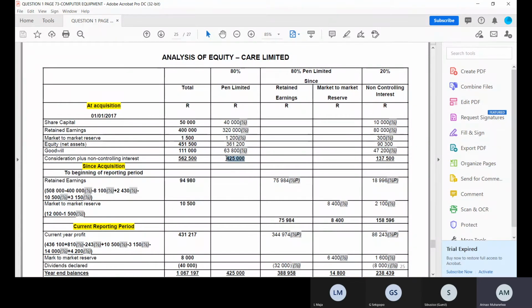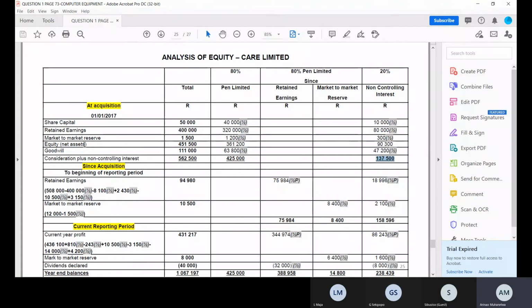How much did we pay? We paid 425,000. So the equity value was 361,200, but we paid 425,000, which is more. That means the difference of what we paid is goodwill. That's how we determine goodwill. 10,000 is 20% of 50,000, 20% of 400,000, and 20% of 1.5. 137,500 is now the non-controlling interest.